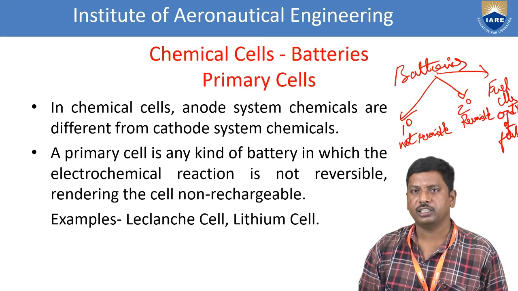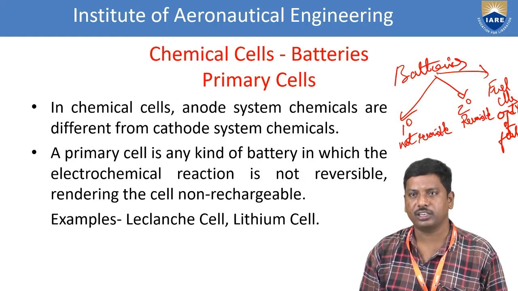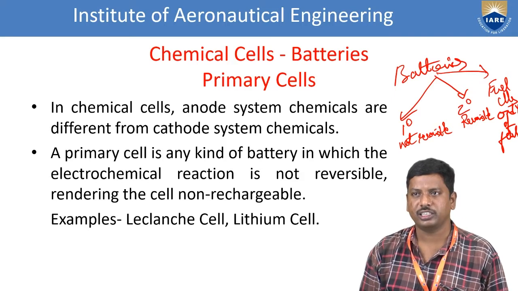So this is the basic definition for primary cells, secondary cells, and fuel cells. In primary cells, chemical energy converts into electrical energy only. In secondary cells, chemical energy converts to electrical energy and electrical energy converts to chemical energy. In fuel cells, the oxidation of the fuel converts chemical energy into electrical energy, that means generation of power takes place.